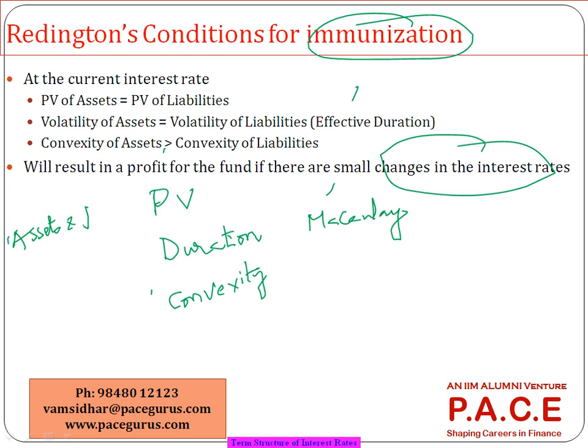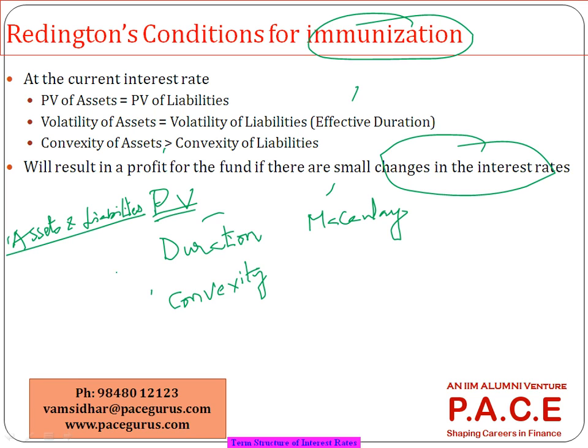And what Redington's condition for immunization says is, if the present values of both the assets as well as liabilities are equal, that is one condition for immunization.